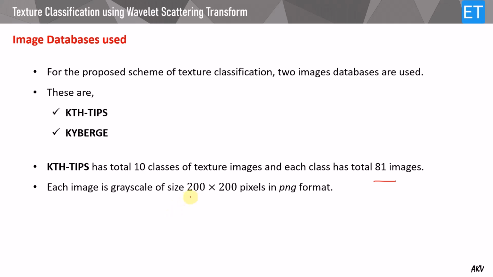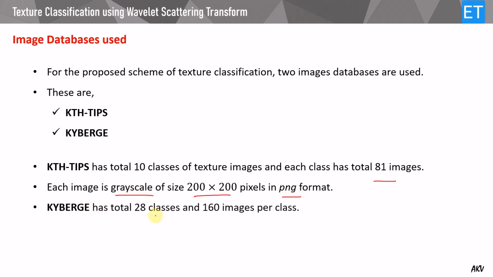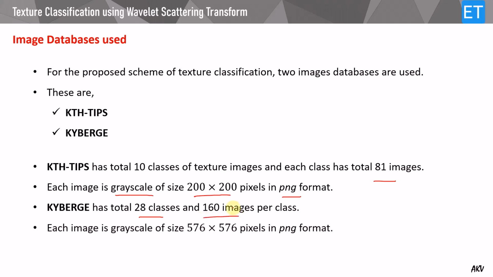These images are of size 200 by 200. They are grayscale images and in PNG format. The KYBERGE has a total of 28 classes and 160 images per class. And each image is a grayscale image of size 576 by 576 pixels.